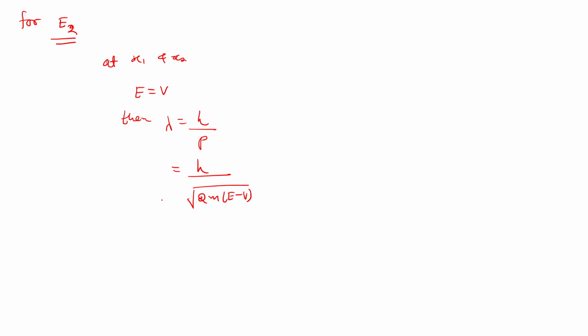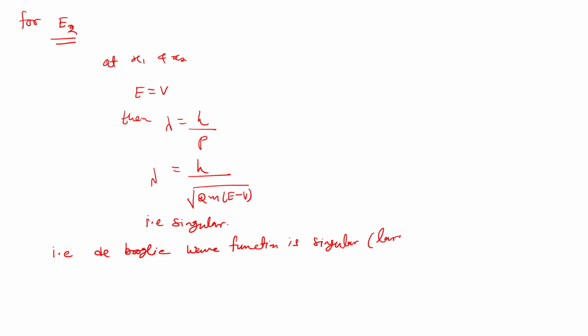So this lambda will be a kind of singular value. Okay, so here you are getting singular results. The de Broglie wavelength is singular. Singular means blowing up, going to infinity, or a very large value, you can say.